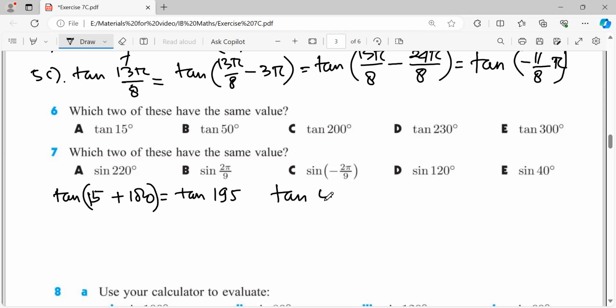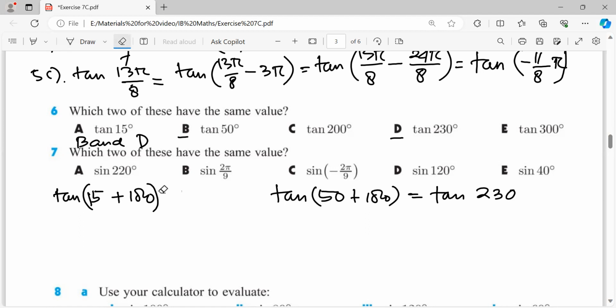Tangent 50 plus 180 equals tangent 230. This one. Oh, so it means B and D. Yeah, the answer is B and D. Why? Because tangent 50 plus 180 equals tangent 230. So tangent 50 and tangent 230 have the same value.